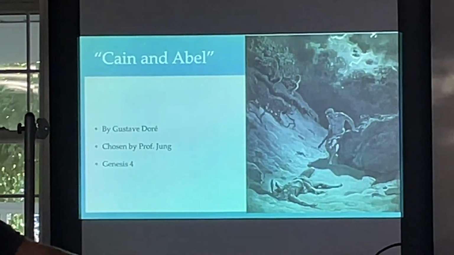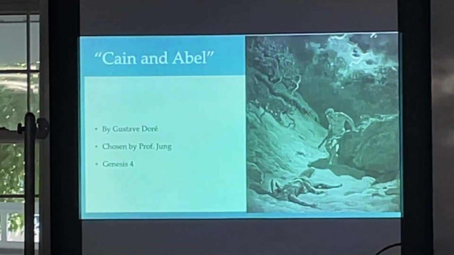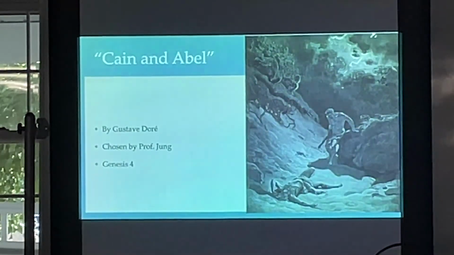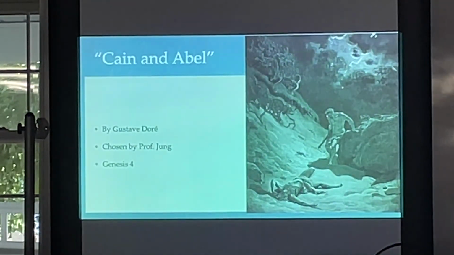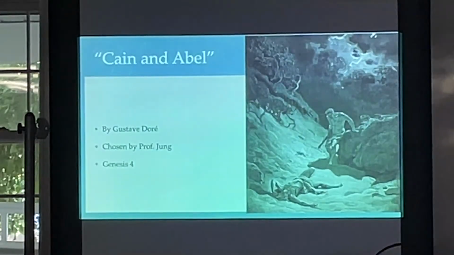Okay? So, this is in black and white, which makes it a little bit more stark. It looks like Cain is ambushing him, coming out from behind the rock. Well, I think that in this case, it has already happened. I think Abel is already dead, and Cain's kind of like, what have I done?